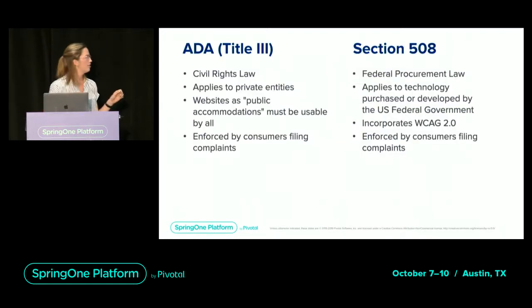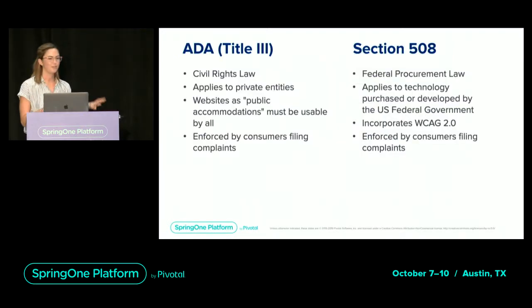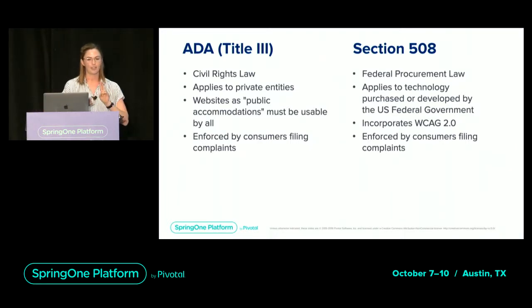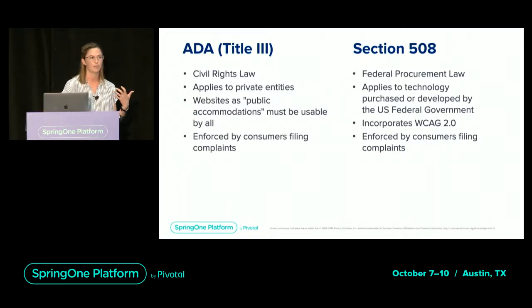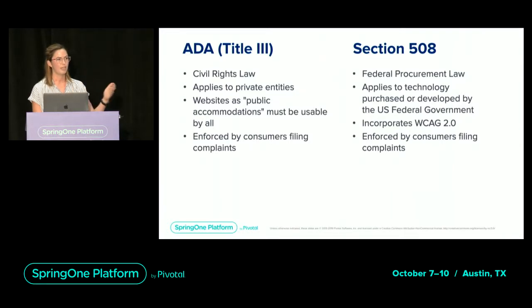And just to avoid confusion, I won't dwell on this for too long either, because I want to get to more stuff. But the two main laws that we talk about when we talk about accessibility are the Americans with Disabilities Act, specifically Title III, which said that websites are a place of public accommodation. It's a civil rights law, and it applies to more commercial businesses.